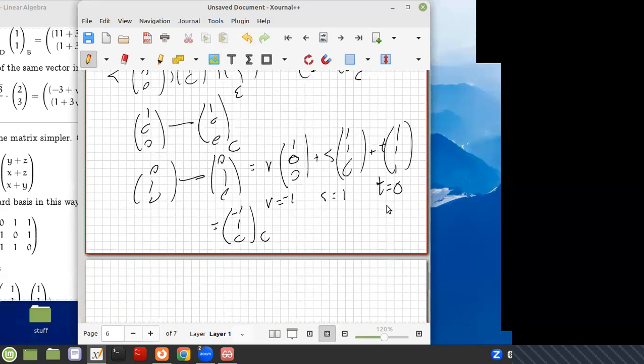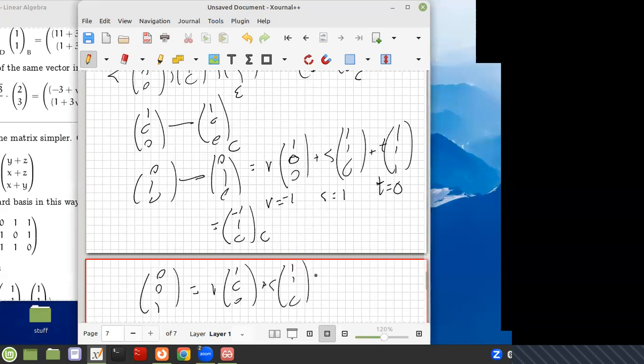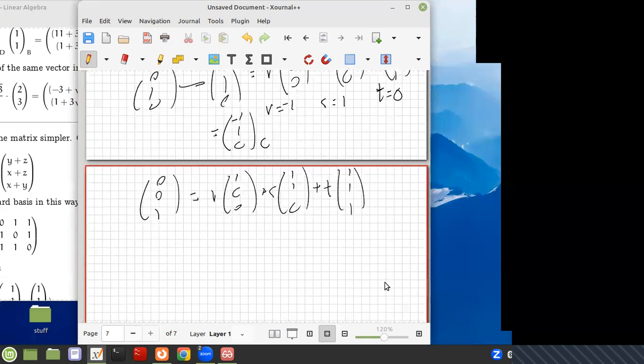The last one, which we might just get in before the end of the class, is R(1, 0, 0) plus S(1, 1, 0) plus T(1, 1, 1). Here you can see because of this one, we're going to need T equals 1, because they can't be played off against other ones. Since T is 1, S has to equal -1 to cancel these off.